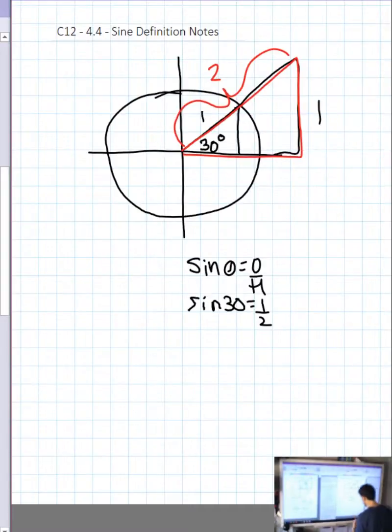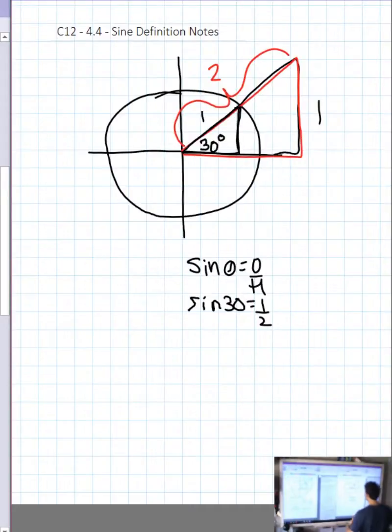Now, from similar triangles in grade 8, I suggest you go back and review these topics if you're not up to speed with them, because your teachers are going to go very fast. So, once again, in the large red triangle, I have an opposite of 1 and a hypotenuse of 2, and the small black triangle just has a hypotenuse of 1.